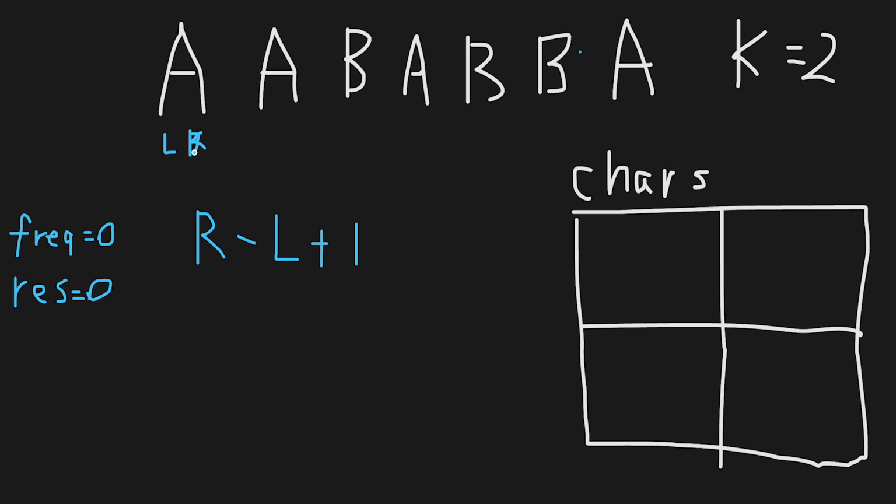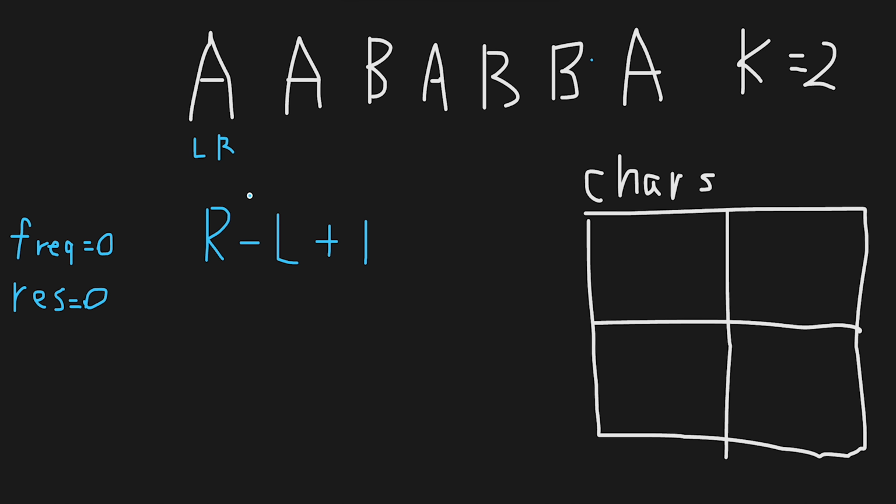How about when the right pointer is at index 1? 1 minus 0 plus 1 equals 2. So the range between the left pointer and the right pointer is now 2. Yes, this formula works. So we use this formula to calculate the range between the left pointer and the right pointer.